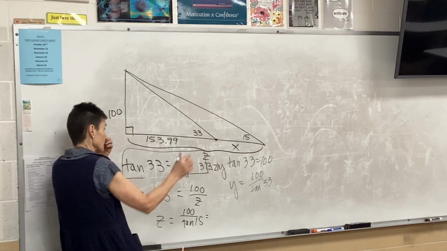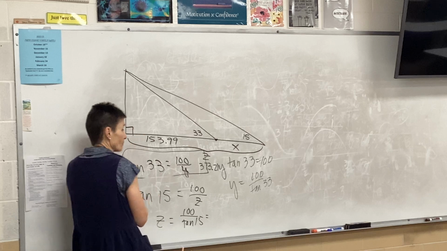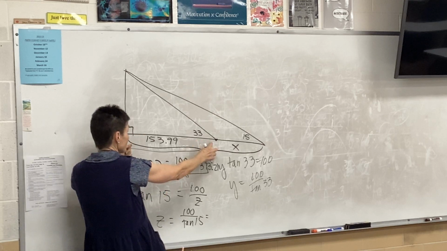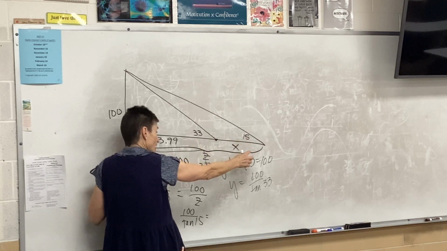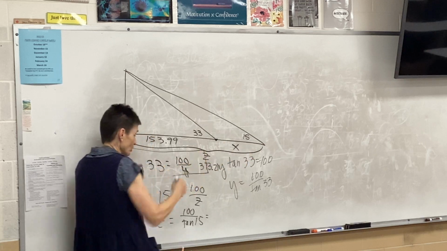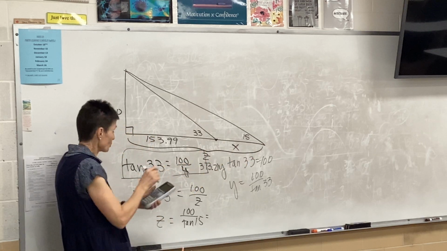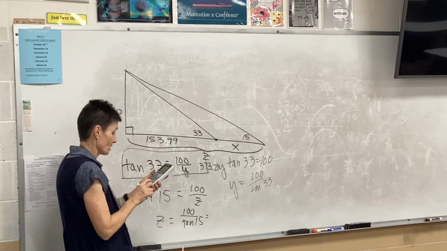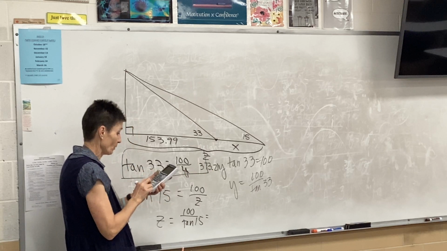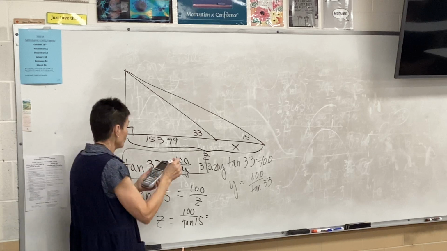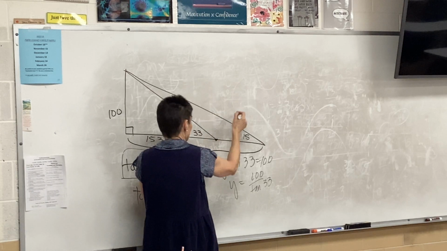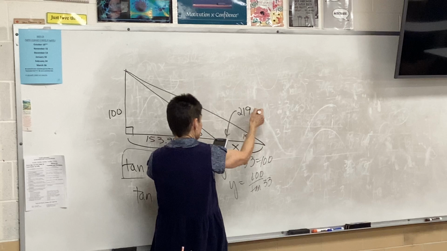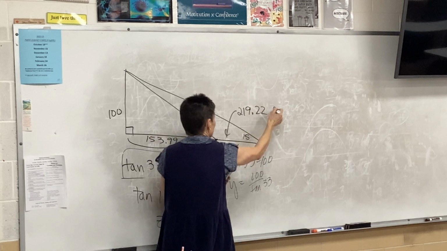Now remember, I'm looking for this, but I know this, and I know the whole thing, so I'll just subtract those two numbers. So it's 100 over tan 15 minus 100 over tan 33, so minus 153.99. And it looks like that distance is 219.22 feet.